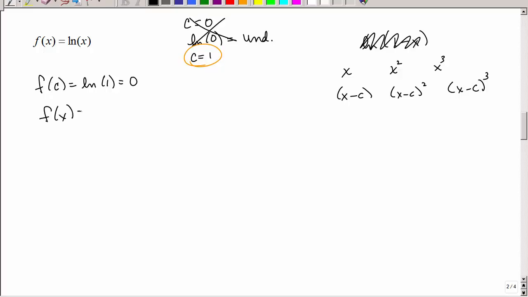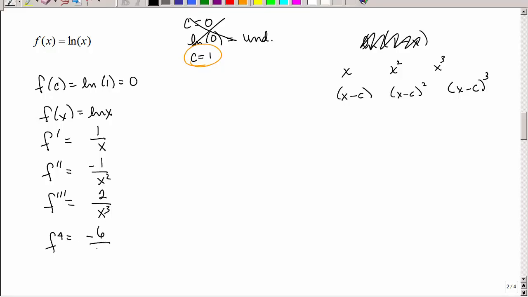So my function is the natural log of x, my first derivative, my second derivative, what's that going to be? Negative 1 over x squared. The third is going to be 2 over x cubed. The fourth is going to be negative 6 over x to the 4th. Don't see a really good pattern here.